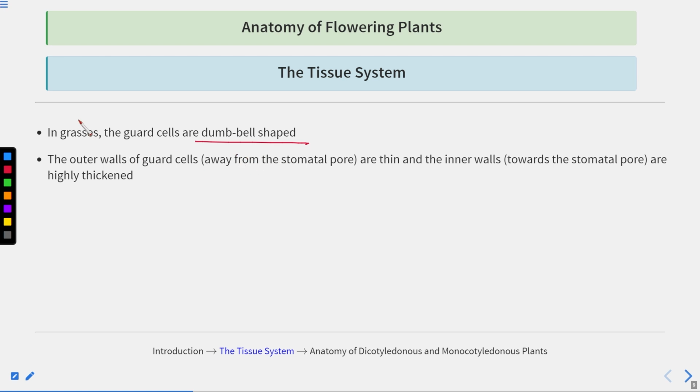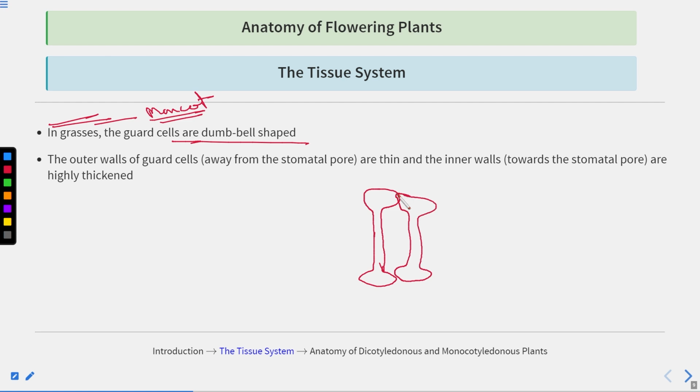Before that, let us see what type of stomata is found in the grasses. Grasses belong to monocots, so the guard cells are dumbbell shaped. If you see the guard cells, it is somewhat like this, dumbbell shaped.